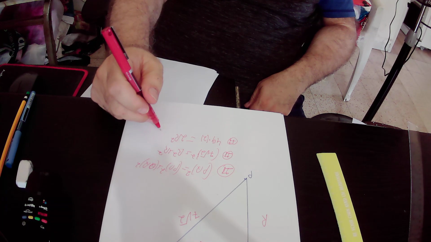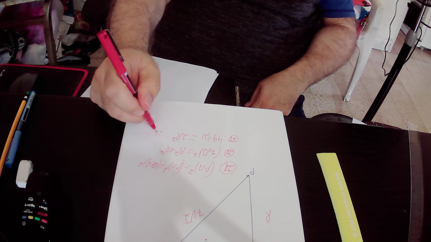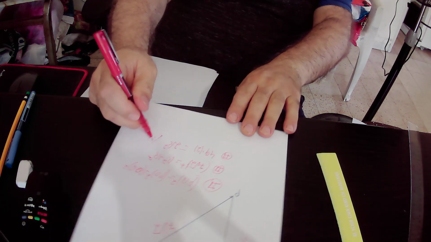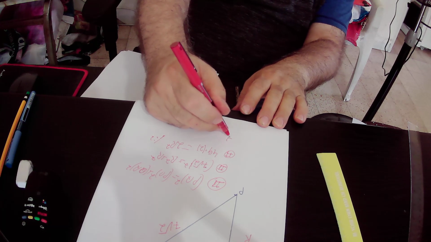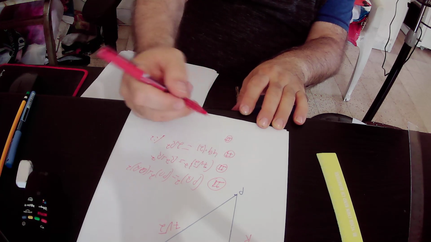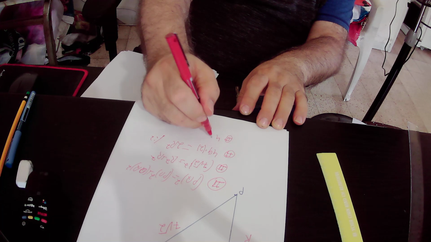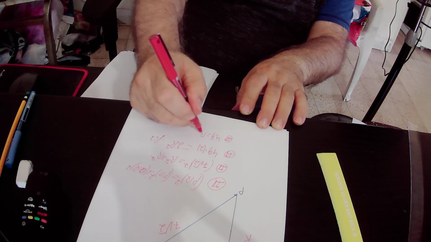I will divide the equation by 2. We will get that 49 equals R square.